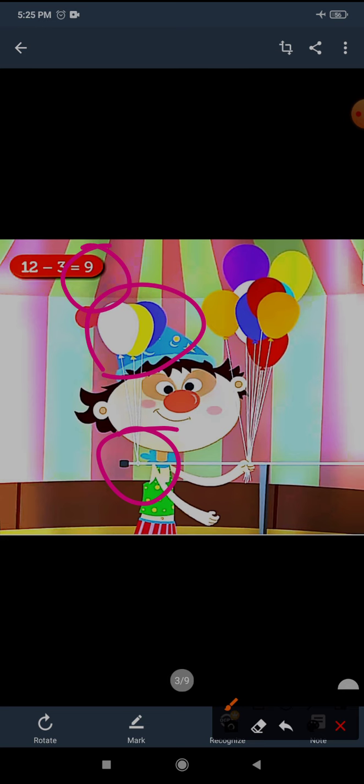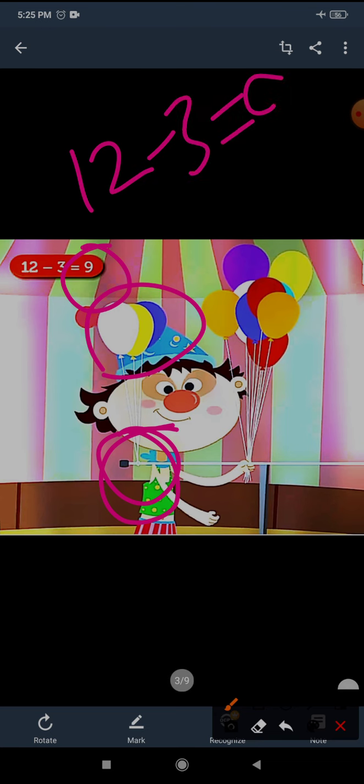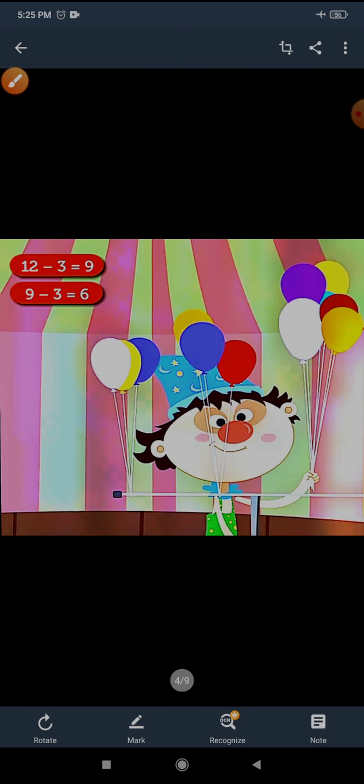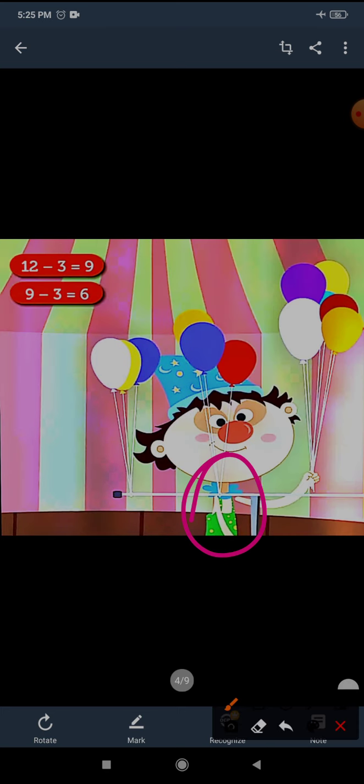He tied 3 out of 12, which means he has 9 balloons left in his hand. Again he ties 3 more balloons. Total was 9, and again he has tied 3 balloons. Now he has 6 balloons left in his hand.